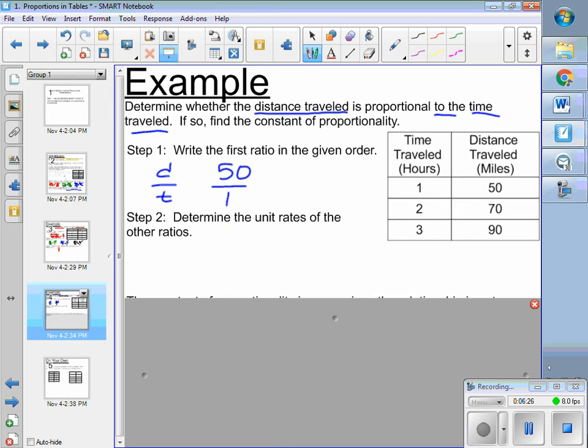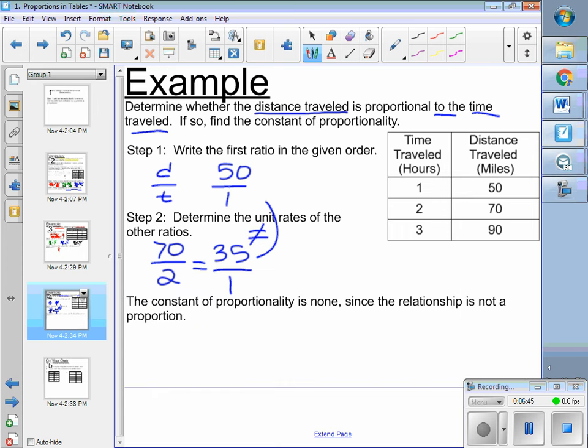Then the first one, we're going to do 70 over 2. If I do 70 divided by 2, I get 35 over 1. That is not equal to this. These are not equal. So, is this a proportional relationship? No. The constant of proportionality is none since it's not proportional.